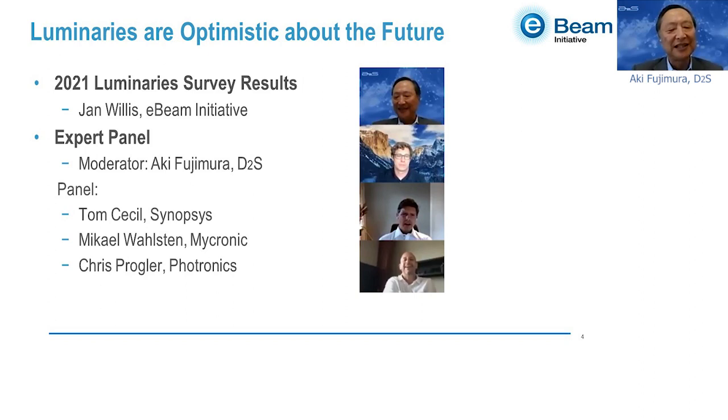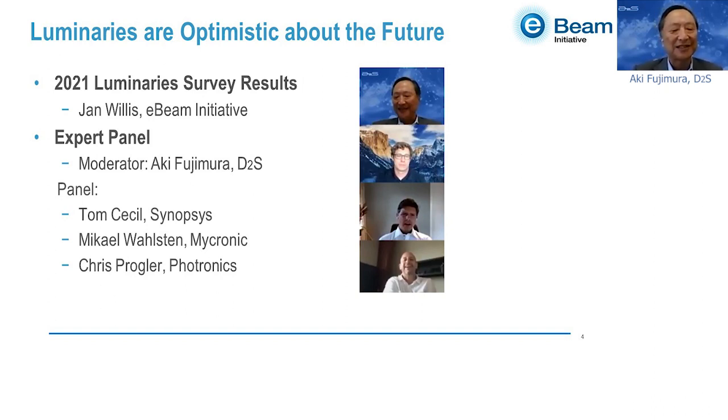Chris Progler is the Executive Vice President and CTO of Photronics. Photronics is a public company, and as CTO of a merchant mask maker, Chris knows not only the technology of mask making very well, he also knows the business of mask making very well.